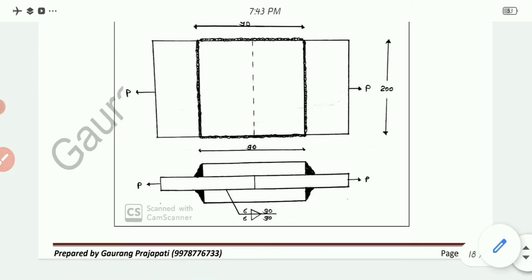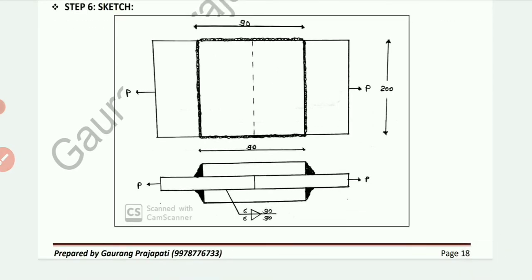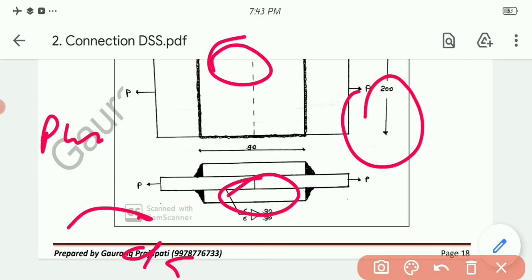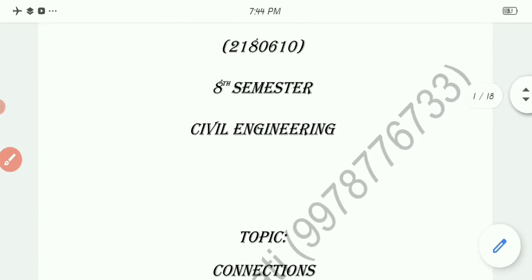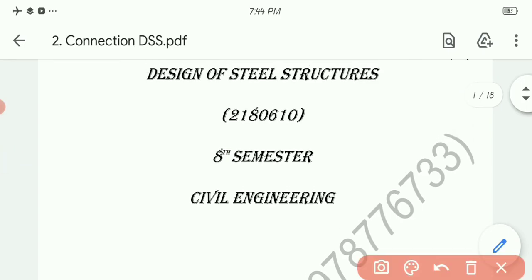So this was chapter number 1, that is connections, for you. I have covered it in 4 videos for the analysis. In the first video, beam to beam connection.